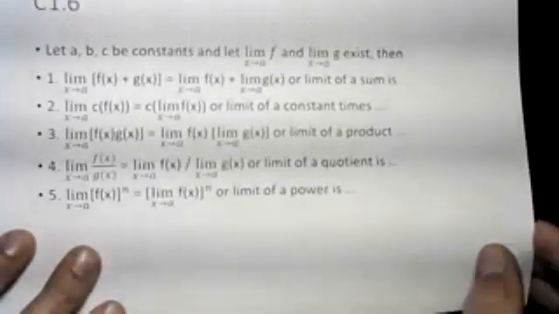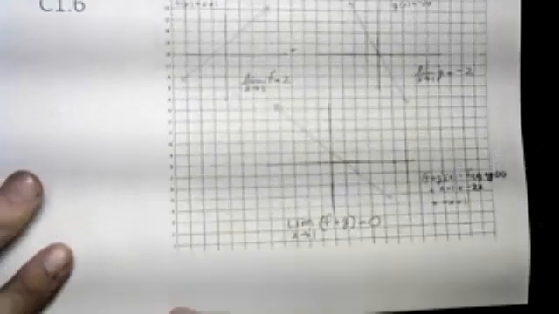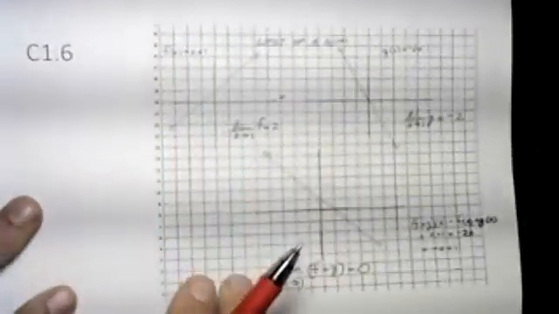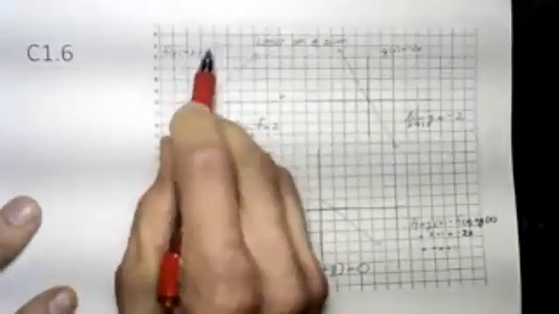So to show you that, and I think I have it right here. What I've got, and I'll try to make this clear if I can, and hopefully you can read all of this. Here is f of x equals x plus 1.